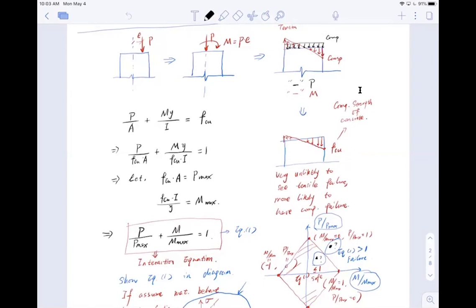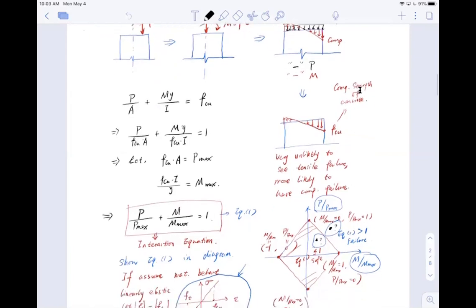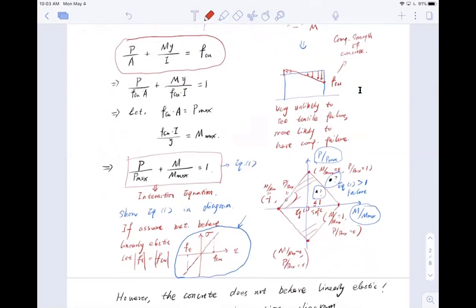So we use the interaction diagram coming from this stress equation. I'm going to circle this stress equation here in red. That equation stays. But here, for simplicity, we assume the material is linearly elastic.